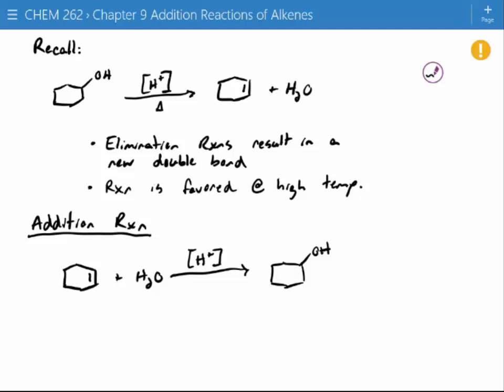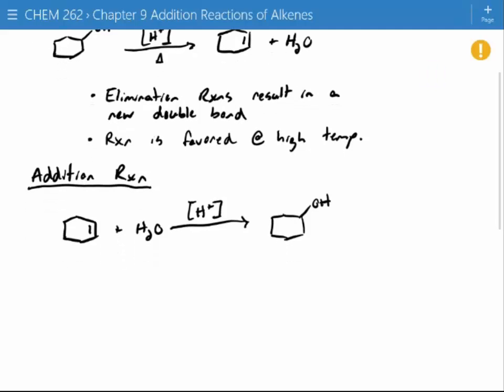So the question is, why are we able to do this reaction going one direction one way and the other direction the other way? And how are these the same, or how are they different? So let's take a look at this in a little bit more detail. So in this example, this may sound a little redundant, but instead of going from a single bond to a double bond, we're actually going from a double bond to a single bond.